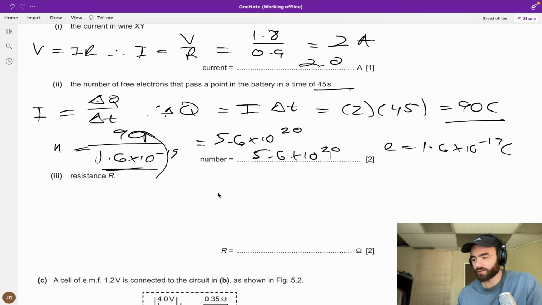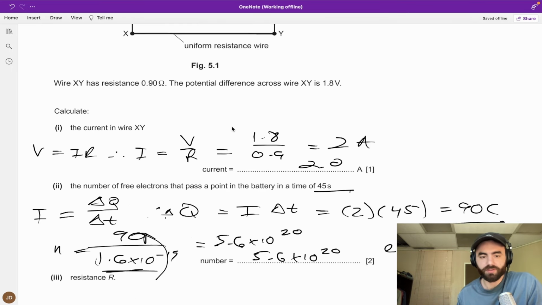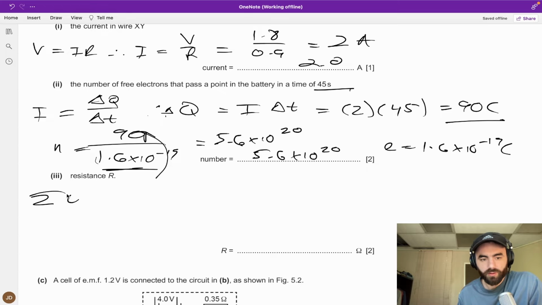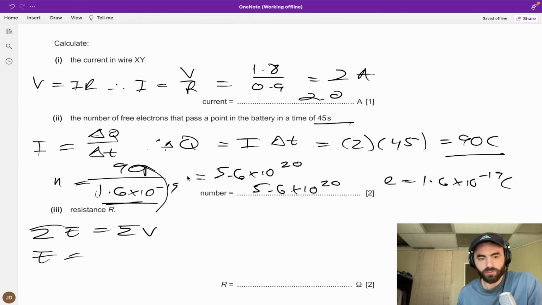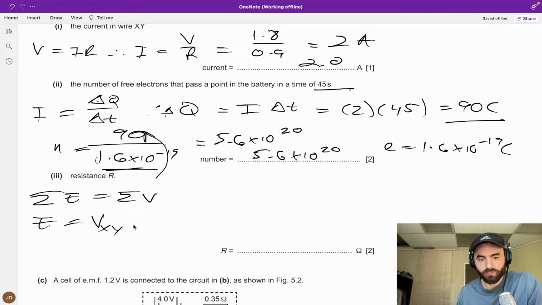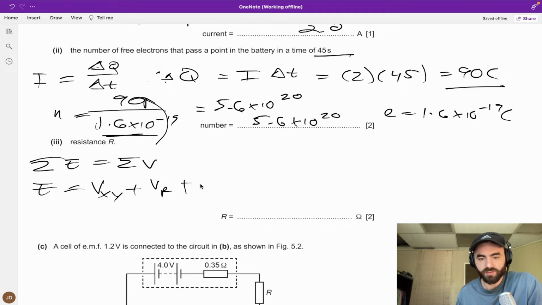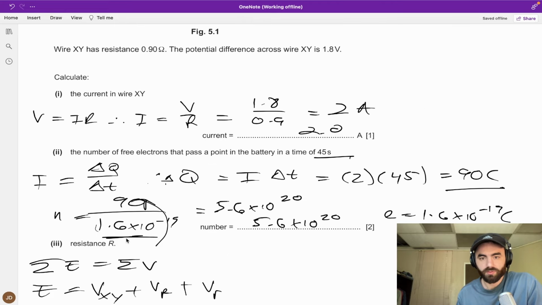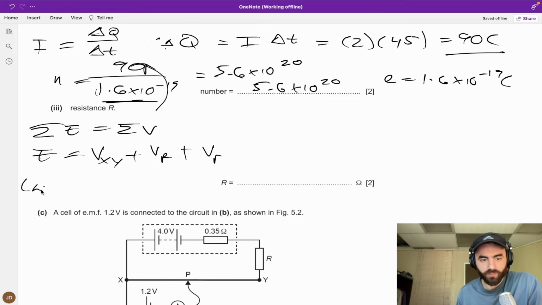The resistance R. Okay, if we want to find the resistance R, well, we know the sum of the EMFs equals the sum of the potential differences. So E equals the potential difference across the wire, plus the potential difference across the resistor, plus the potential difference across the internal resistance. The potential difference across the wire is 1.8. EMF is 4.